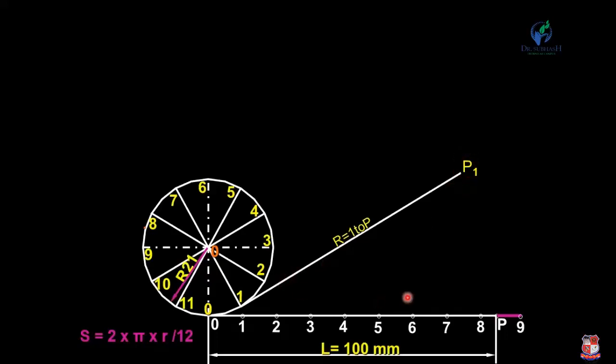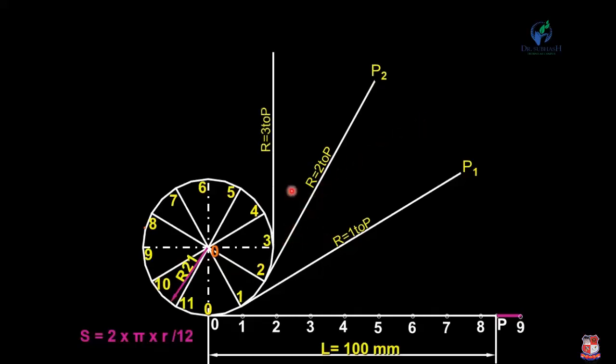Similarly, from point 2, draw a tangent which is perpendicular to line 0-2. Now with 2 as the center, radius equal to 2P, draw an arc and you will get the point P2. Similarly, from point 3, draw a tangent and you will get the point P3.